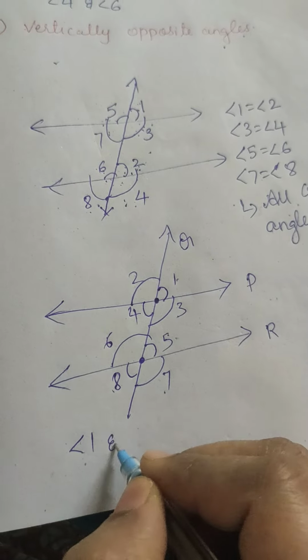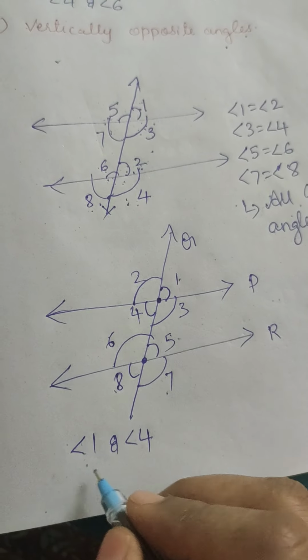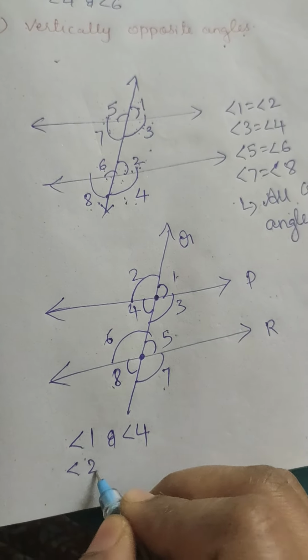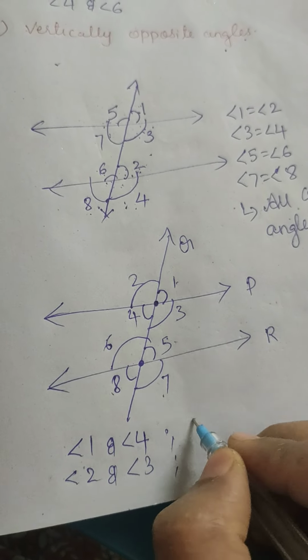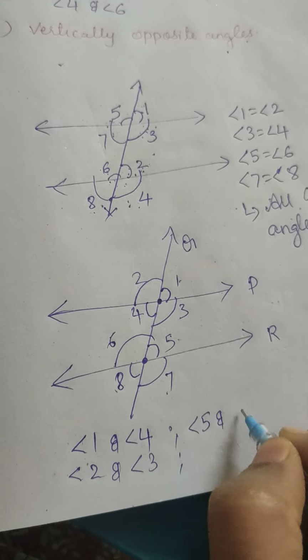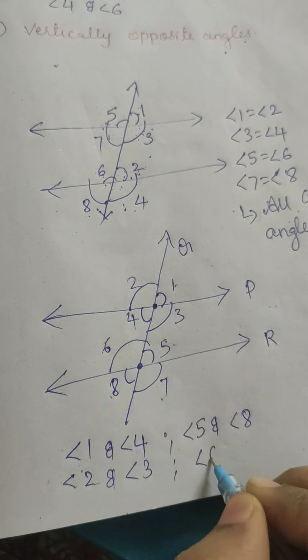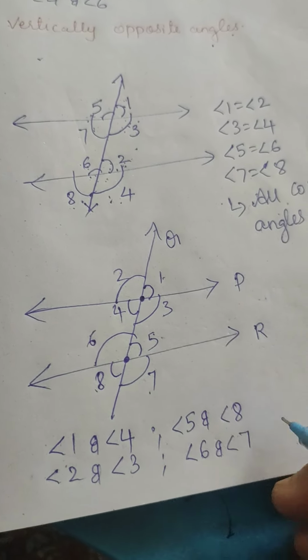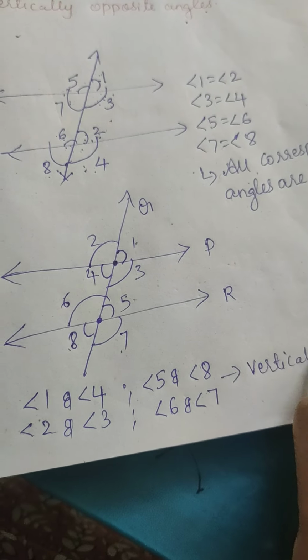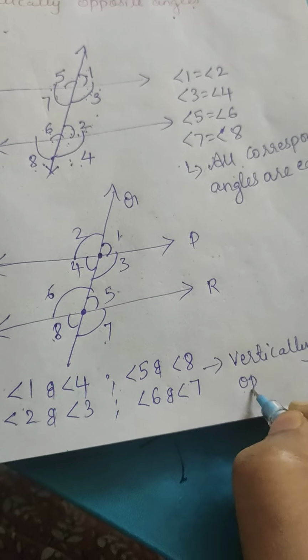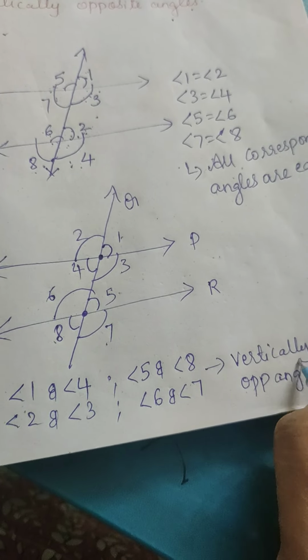Angle 1 and angle 4, angle 2 and angle 3, angle 5 and angle 8, angle 6 and angle 7. All these are vertically opposite angles.